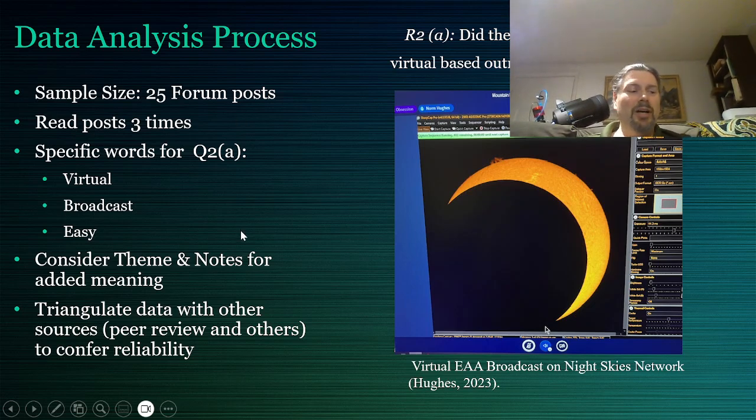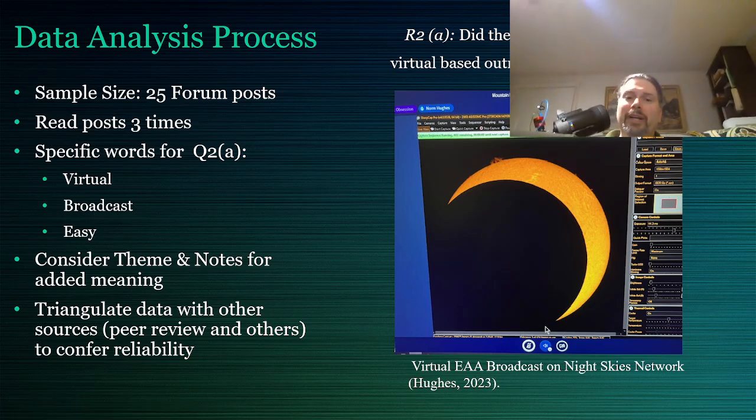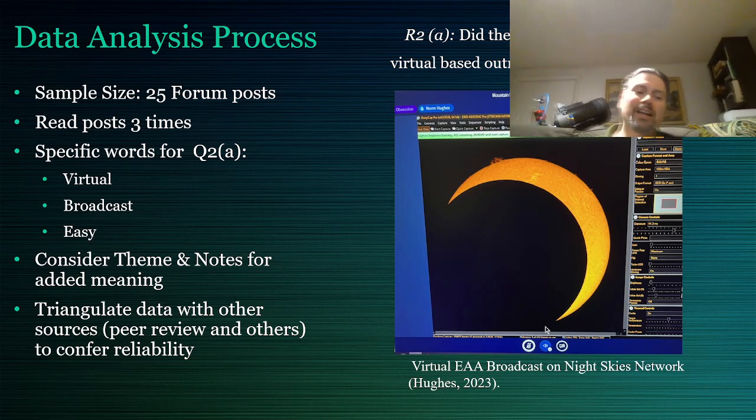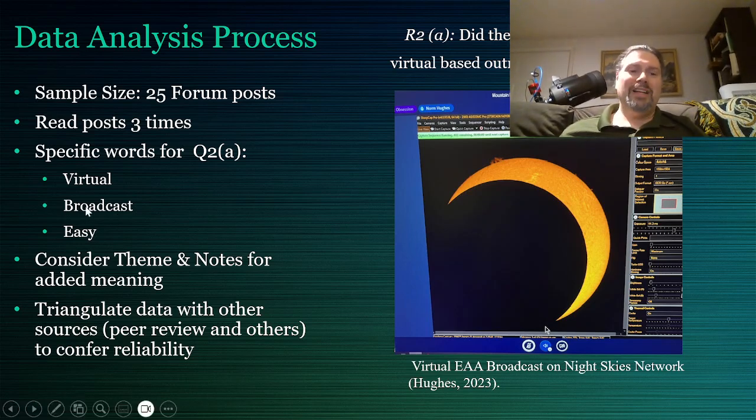Read everything 3 times. Specific words that we're looking for: virtual broadcast, or anything like broadcast, transmit, video, Zoom, anything along those lines that are cousins to that term.